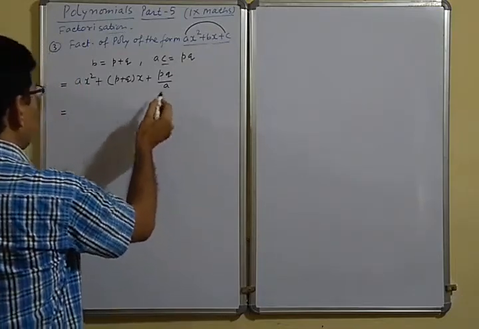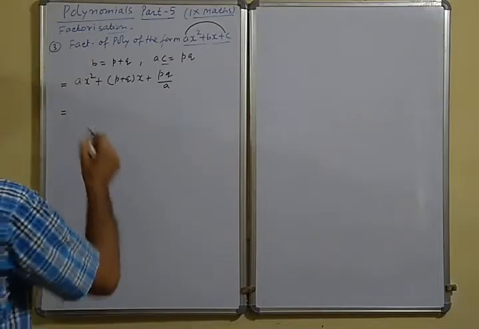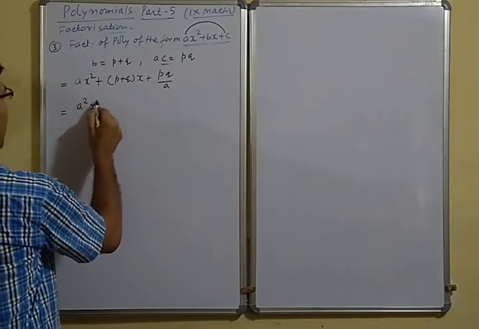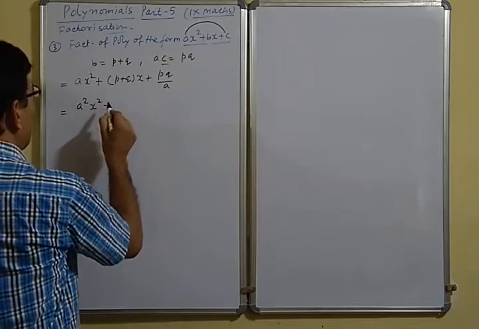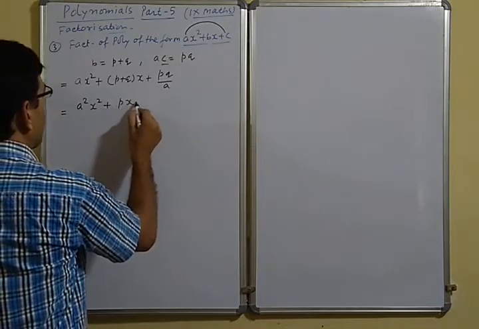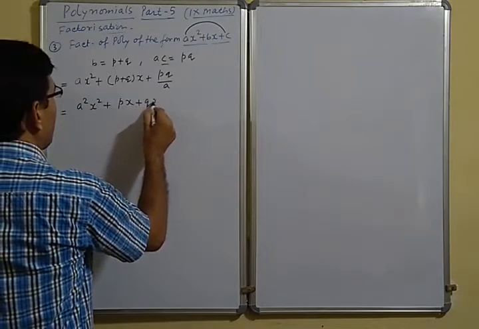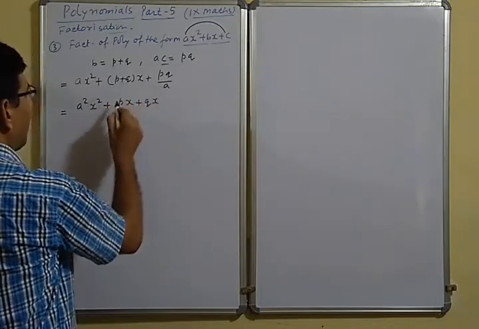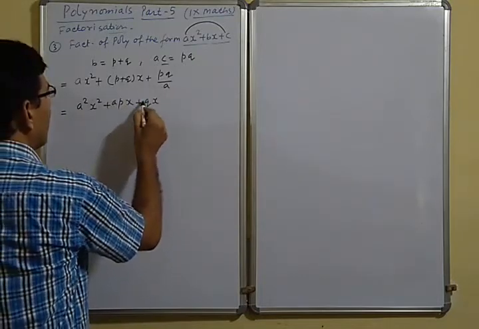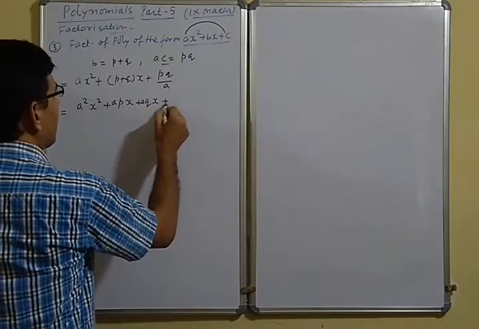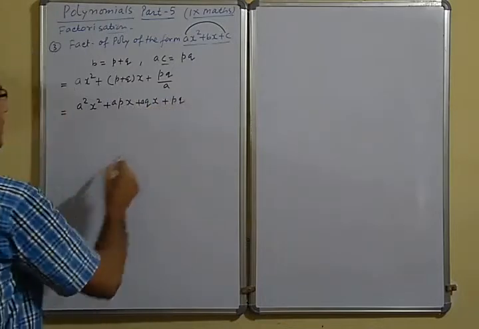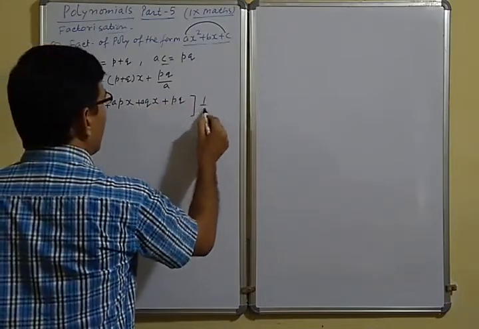Whenever we cross multiply, it becomes a square x square plus apx plus aqx plus pq, and this is whole divided by a.